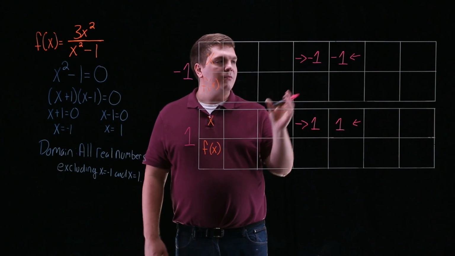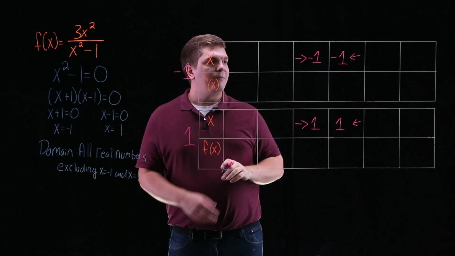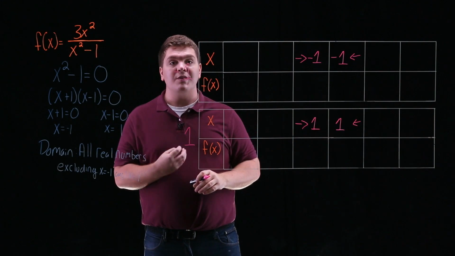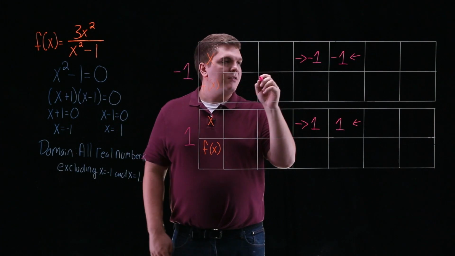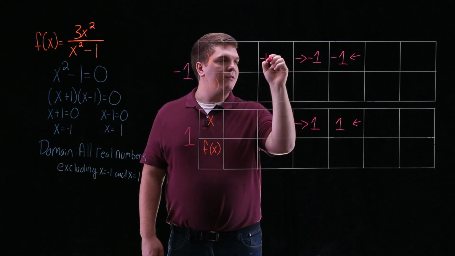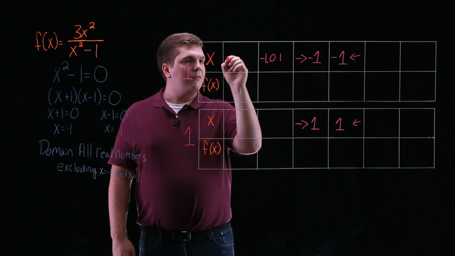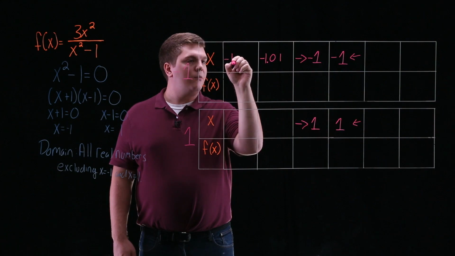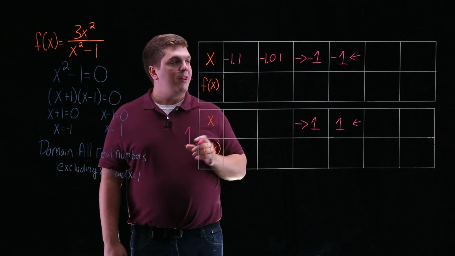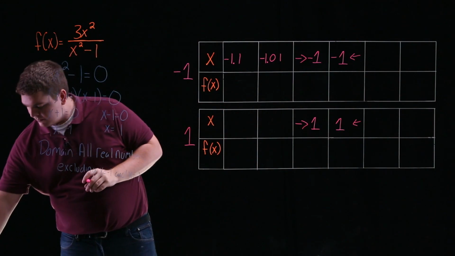Let's start by approaching negative 1 from the left. Here we'll want to choose values just a little bit smaller than negative 1. So let's start with negative 1.01. And coming a little further, let's choose negative 1.1. Now we can evaluate each of these using a calculator.